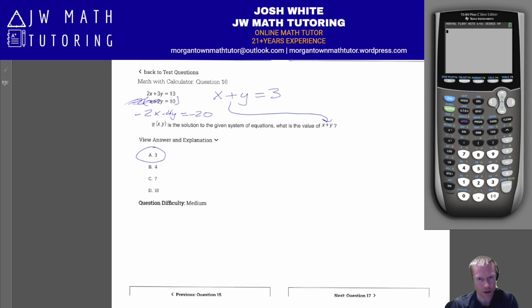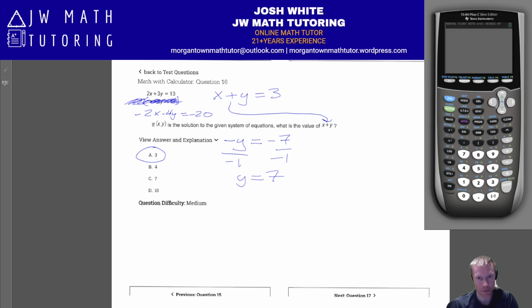Then I add down the columns because I'm doing elimination. 2x minus 2x cancels. 3y plus negative 4y is negative y. 13 plus negative 20 is negative 7. Divide by negative 1, and y is equal to positive 7.